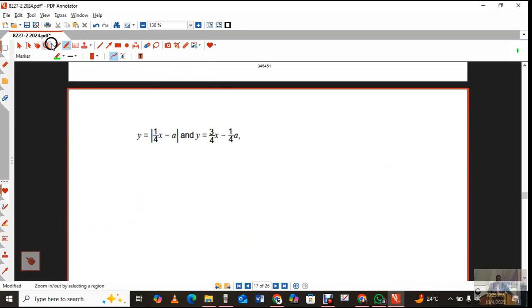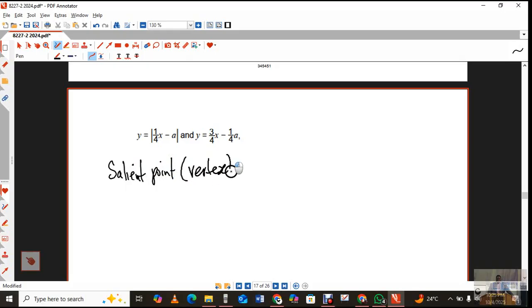Right. Let's work with the salient point, which is the vertex. I'm now busy with the absolute value function. Let's take 1 over 4x, the stuff inside there. Let's say it equals 0.